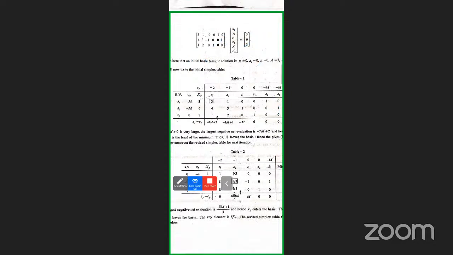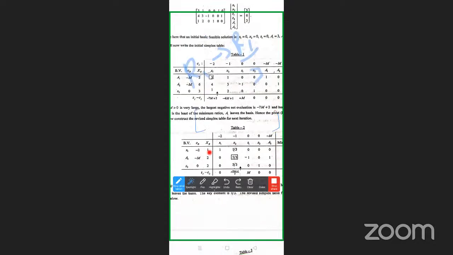Now we can eliminate the artificial variable A1. No need to write A1 in the next table. So here the basic variables: A1 is replaced by X1.